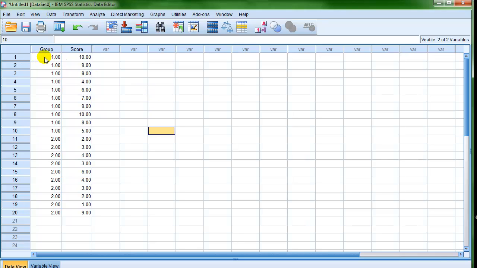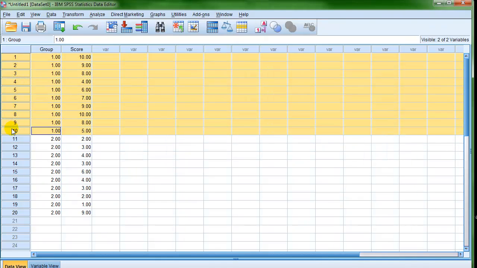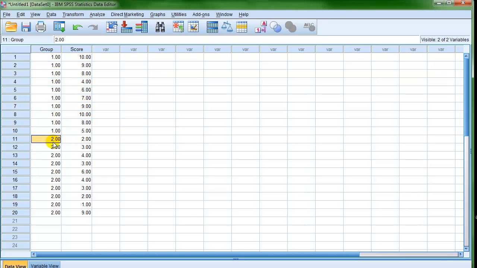But you can see that our first 10 participants are in the control group, right? Here are their scores, right, where it says score. And here's the group. Okay, this is their grouping variable, so they get a 1. The treatment group, they get a 2, and here are their scores.